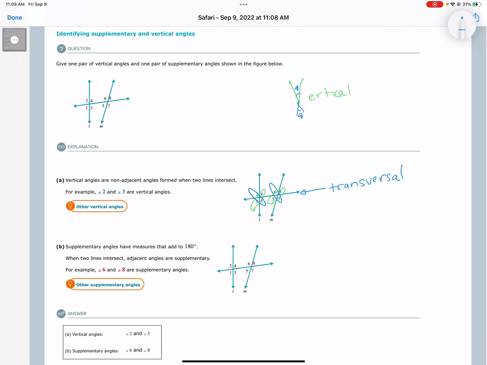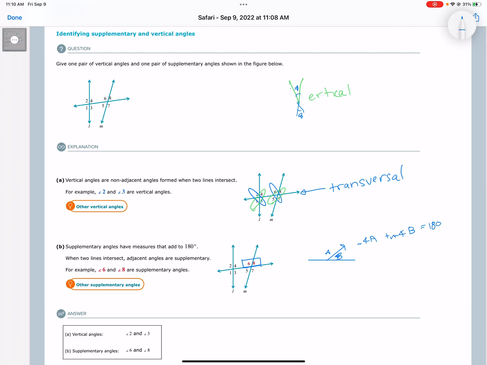Okay, supplementary angles, remember I showed you on the last part, that's when they equal 180, so we have lots of those. This one is identifying 6 and 8 because anytime I have a line and then a line coming off of it, if this is angle A and angle B, that equals 180.